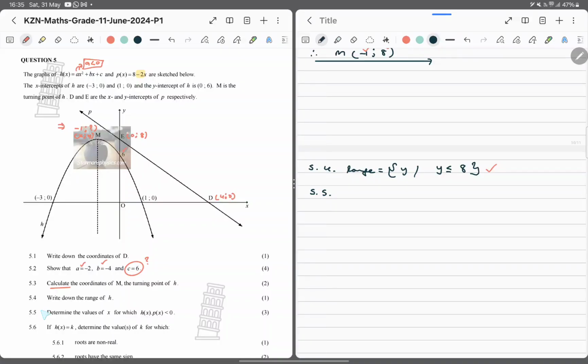5.5. Determine the values of x for which h of x times p of x is less than 0. So we are saying y values of h times y values of p, so that this is negative. So obviously the key areas are these.